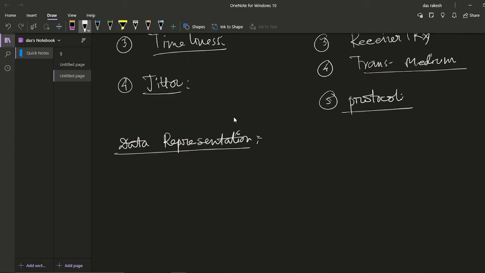Examples are text, numbers, images, audio and video. Text is represented in a bit pattern, a sequence of bits 0 and 1, and the typical data format used in computing systems is known as ASCII code, American Standard Code for Information Interchange.